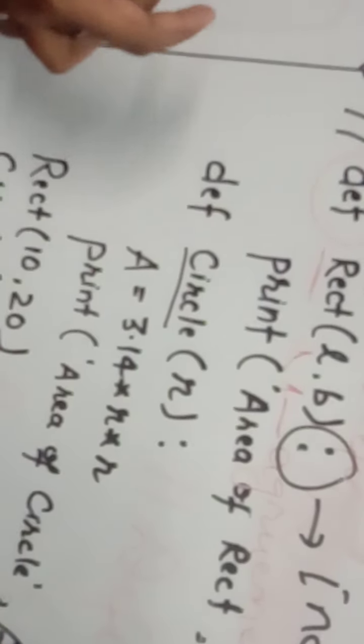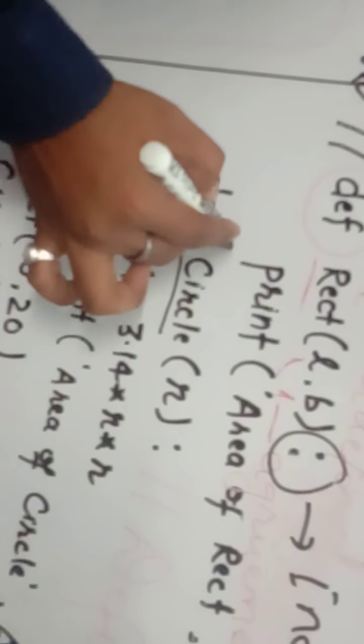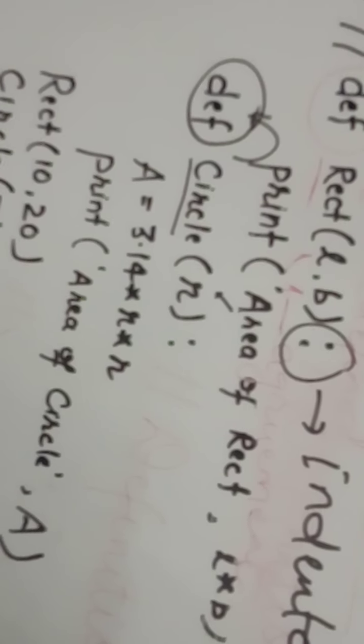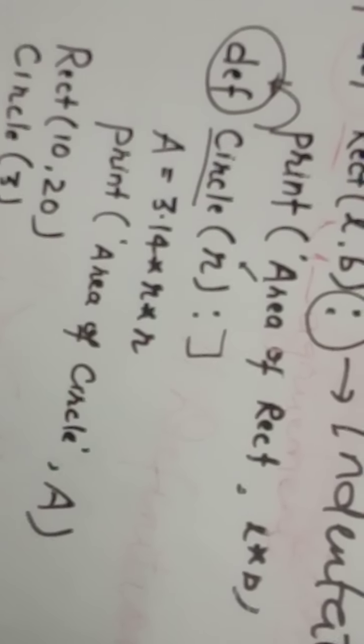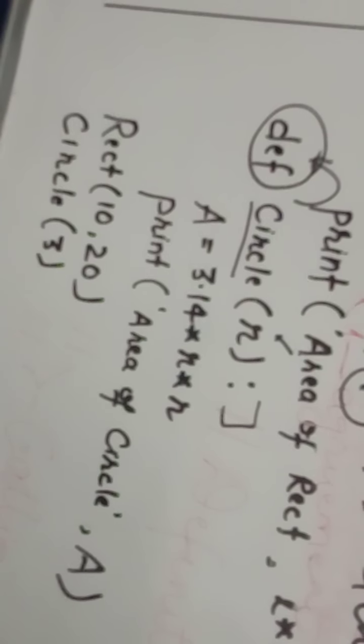As I told earlier, before the name of the function you have to use the keyword def, which I have used here. Then I have passed one argument here, r. Then the indentation block is here, then the logic of the function, and the logic is that I have printed here the area of the circle.